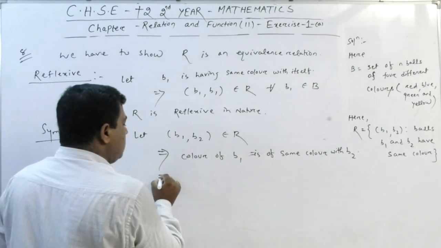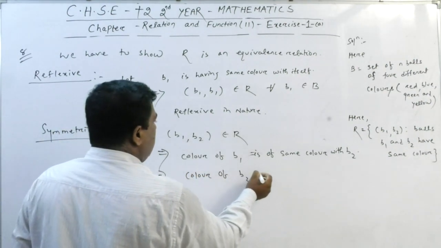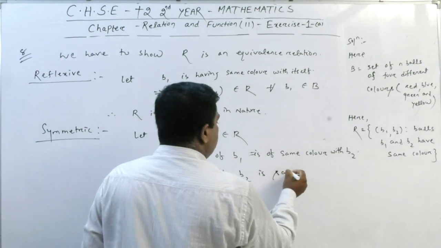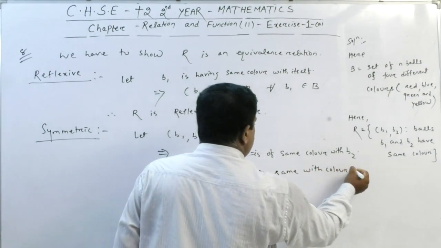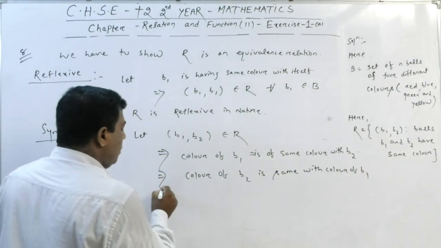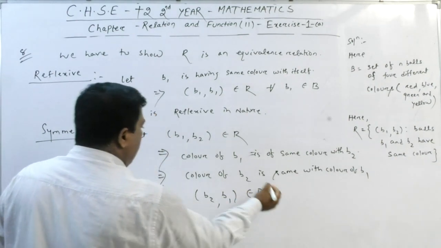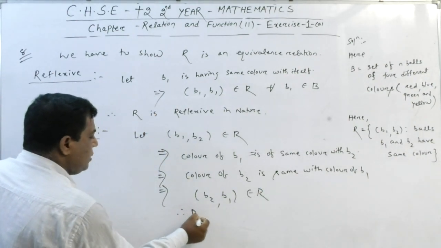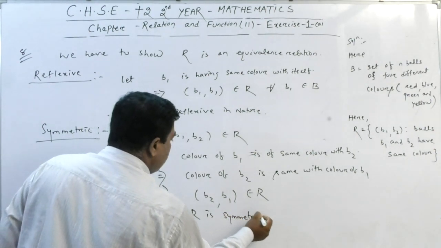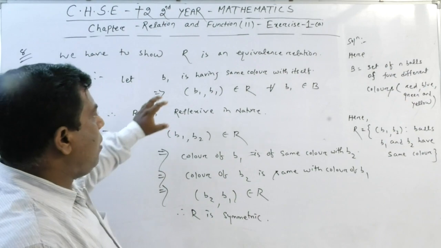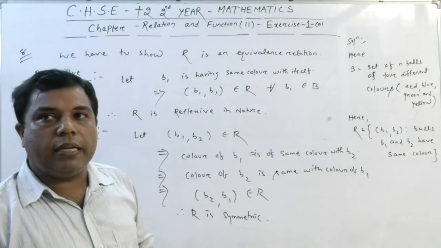That implies the color of B2 is the same as the color of B1, yes or no? That implies (B2, B1) also belongs to R. Therefore R is symmetric.